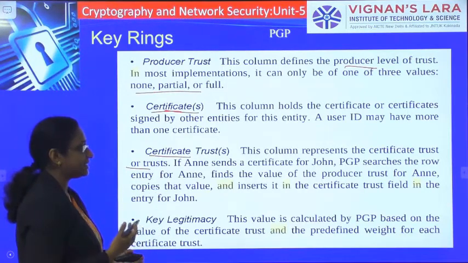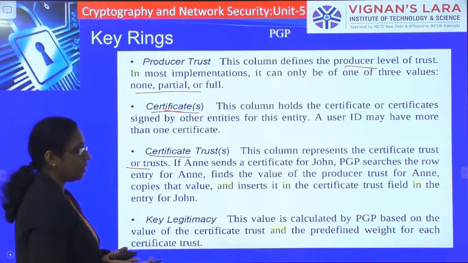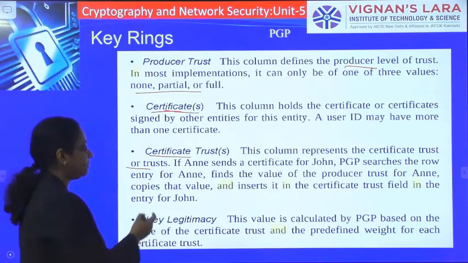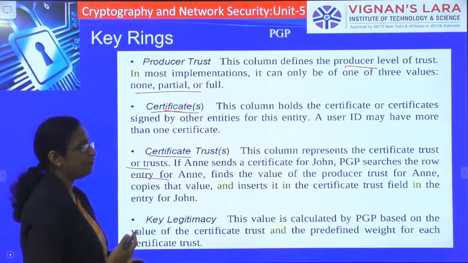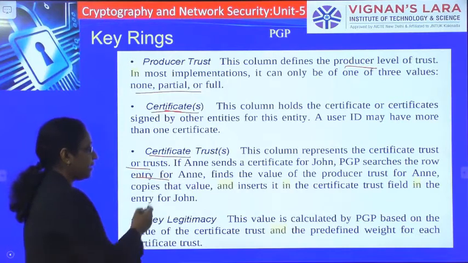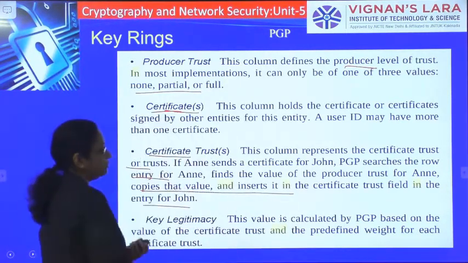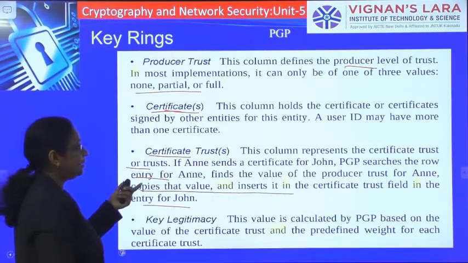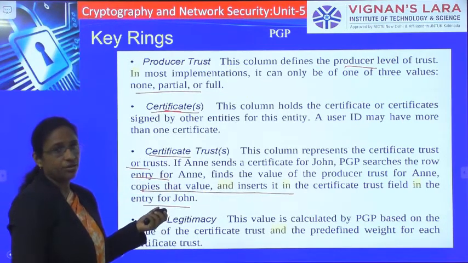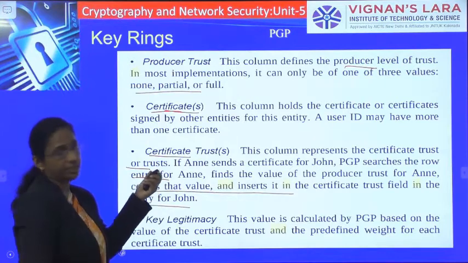If Annie sends a certificate for John, PGP searches the entry for Annie, finds the value of producer trust for Annie, and copies that value and inserts it in the certificate trust field for John. As I have said, any member can sign for any member.